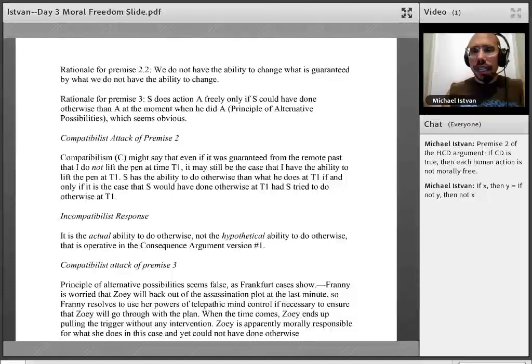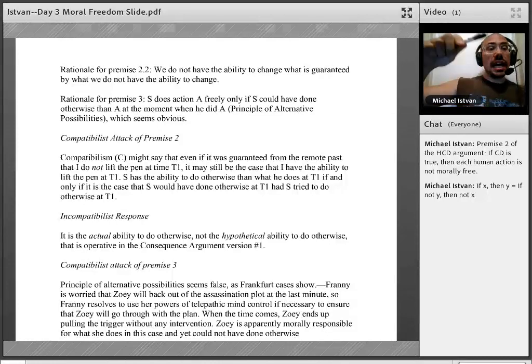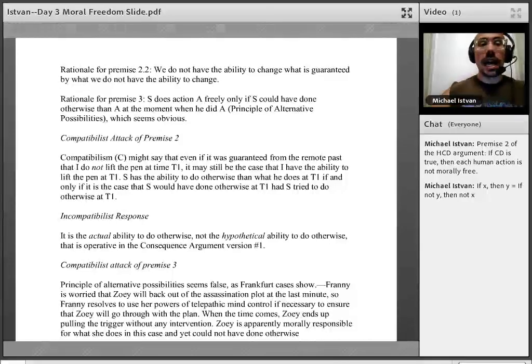So concretely put, in terms of the pen, according to this strategy of attacking premise 2, even if it was absolutely guaranteed by the remote past that I do not lift the pen, I'm keeping that down, even if it's been guaranteed by the remote past that I do not lift the pen at time 1, it may still be the case that I have the ability to lift the pen at that very same time.